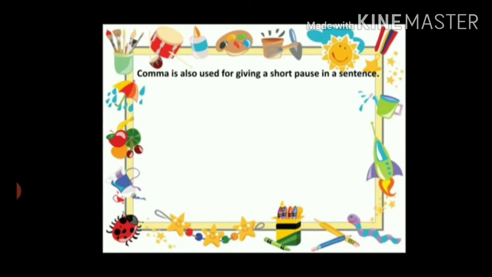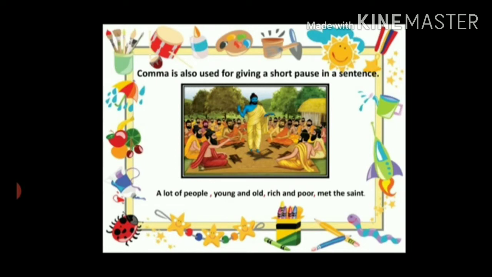For example, a lot of people, young and old, rich and poor made the scent. So, children, you must have learned that we use a comma to separate the things given in a list.